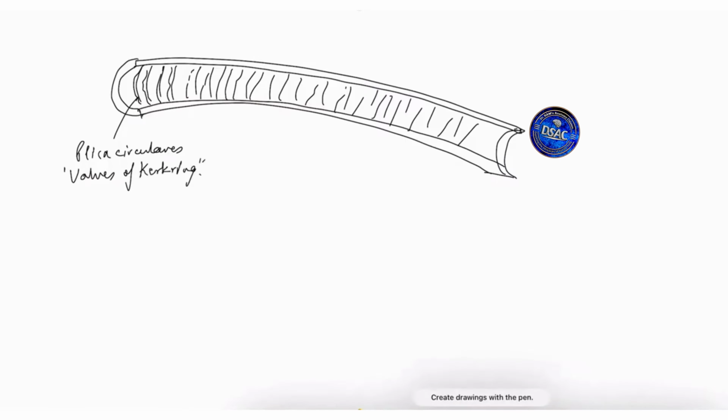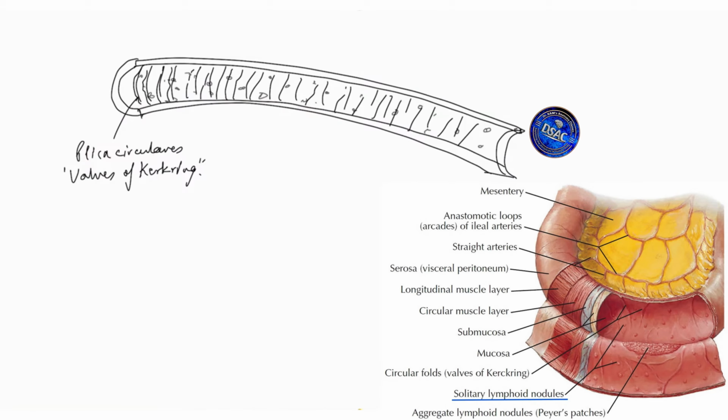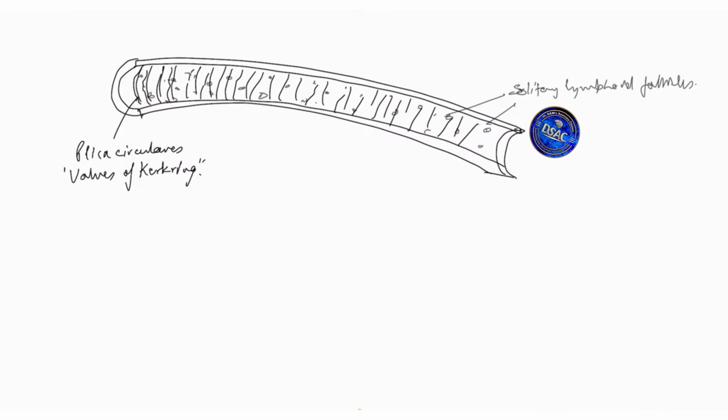So in the question, what was being asked was about the lymphoid aggregates. Throughout the length of the small intestine, you will find these small lymphoid patches, lymph nodules. These are spread throughout, so let's name these solitary lymphoid follicles. But at certain places, especially towards the distal portion of the small intestine, there will be large oval shaped patches, and the longitudinal axis of these patches will be along the length of the small intestine.